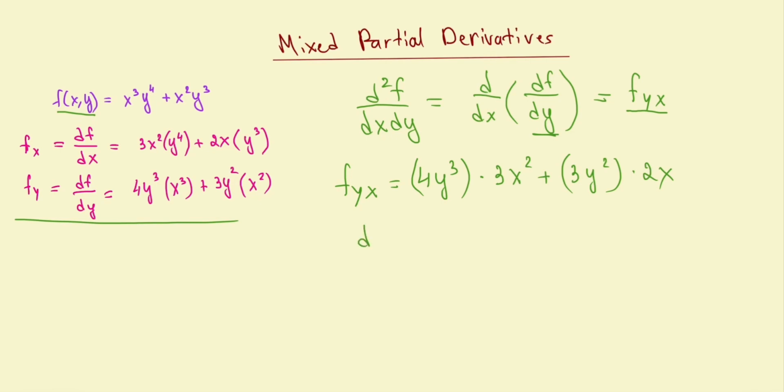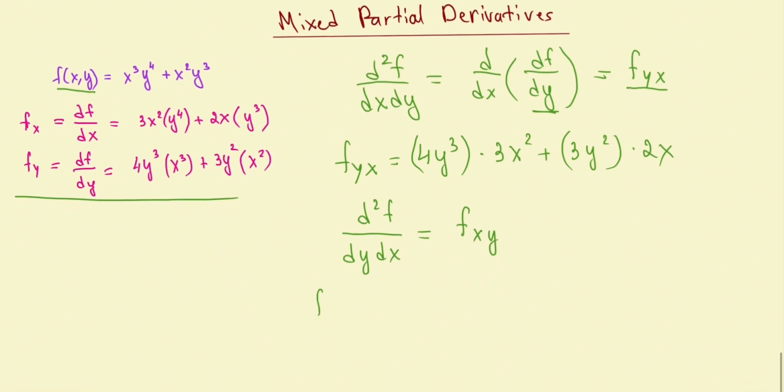Next, we will be deriving this function twice with respect to y and x, which means that we're deriving this function first with respect to x, then y. So let's use, in this case, the first function that we found here. So we already derived it with respect to x.